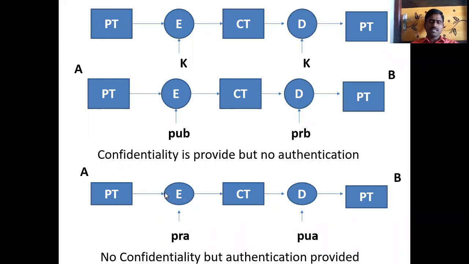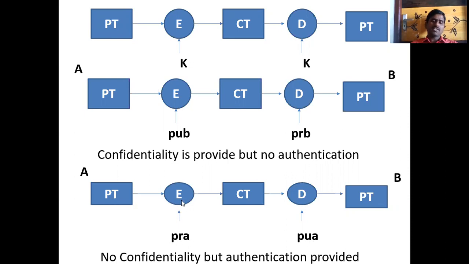The same plain text, you are performing encryption with a private key of A. We will get a ciphertext, and to get the original text, we are performing the decryption with a public key of A, and you will get finally the plain text. Here it is reverse. I have applied it as a reverse, private key of A and a public key of A. Here you can observe there is an authentication.